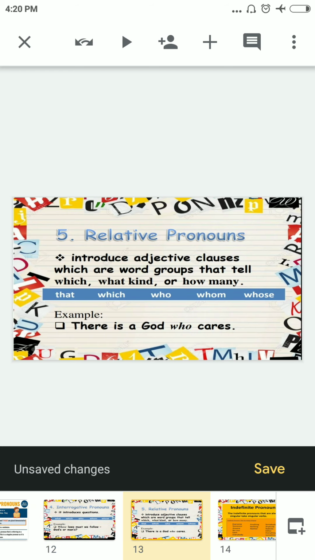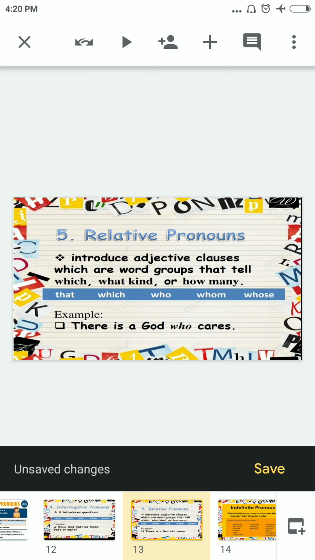Now let's move towards the next type, and that is the relative pronouns. What are the relative pronouns? Relative pronouns introduce adjective clauses, which are word groups that tell which, what kind and how many.